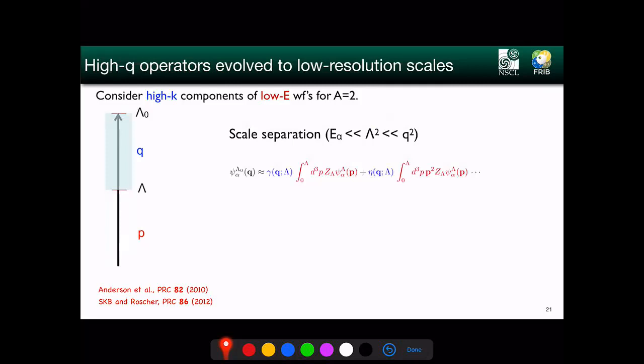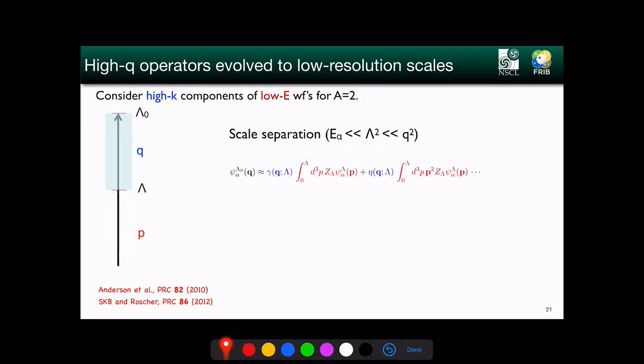What about high momentum components of low energy wave functions? Here you can make use of some very simple scale separation arguments. So let's say we're looking at low energy and high momentum, where low and high are defined with respect to this RG scale lambda.